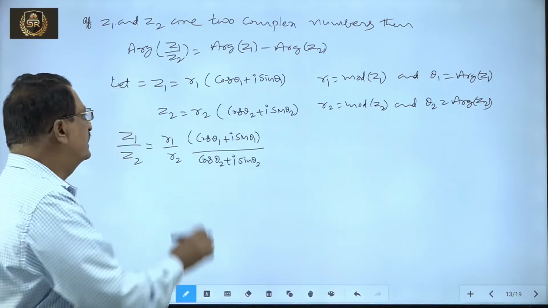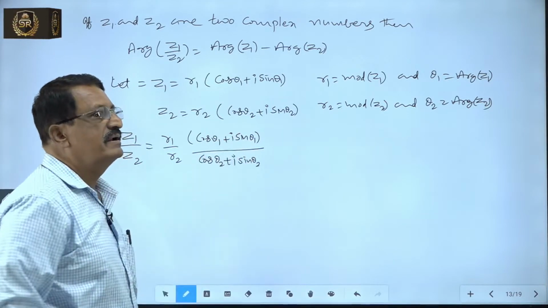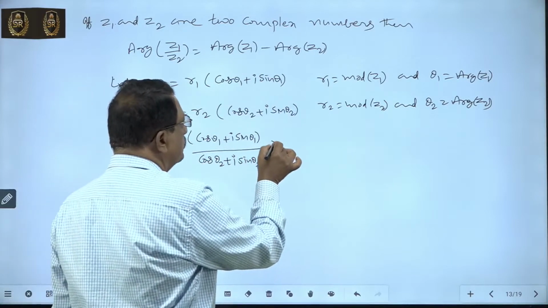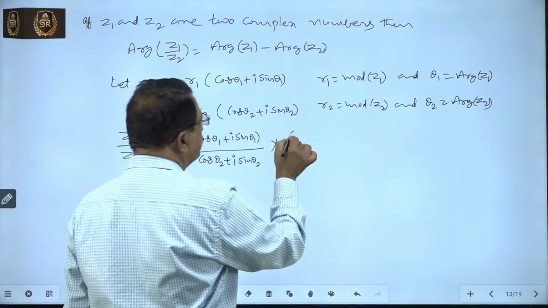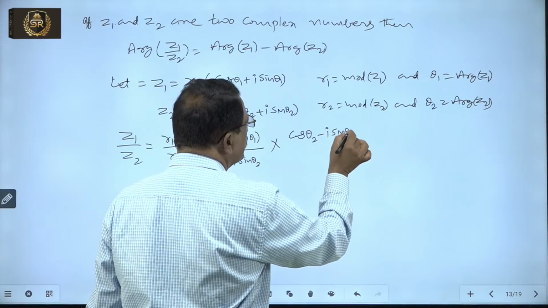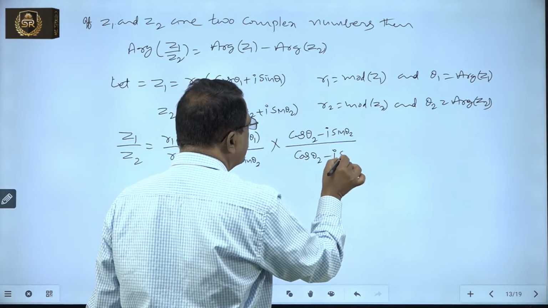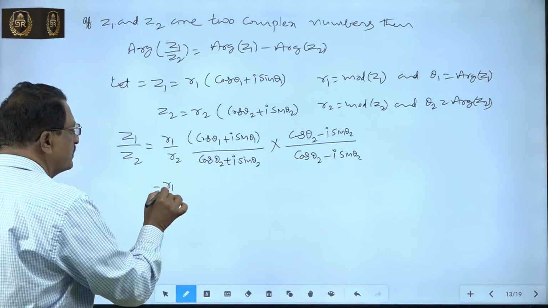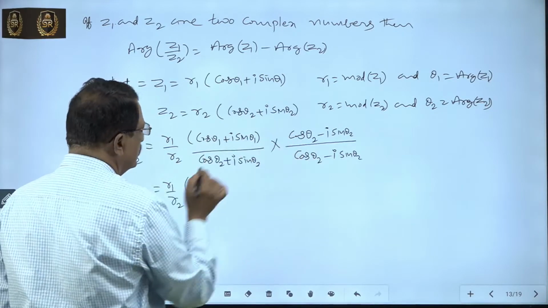Now, multiply and divide by the conjugate of the denominator, cos theta 2 minus i sin theta 2. That equals R1 by R2 into, in the numerator multiplied, how much do we get?